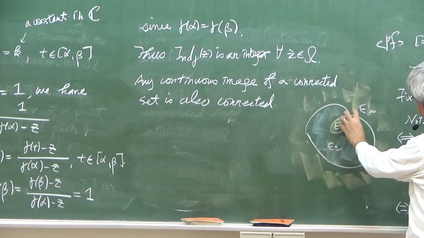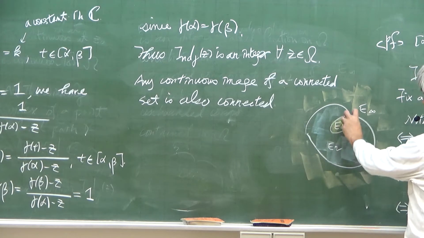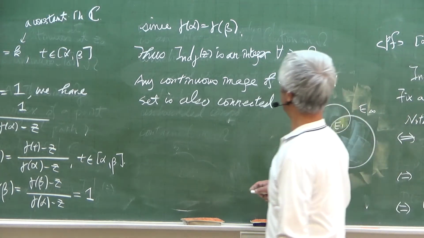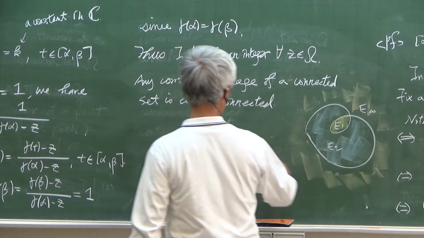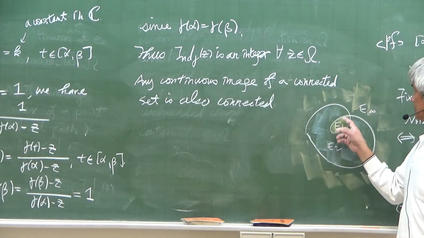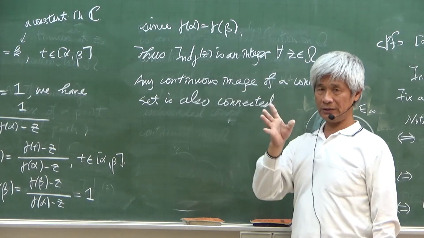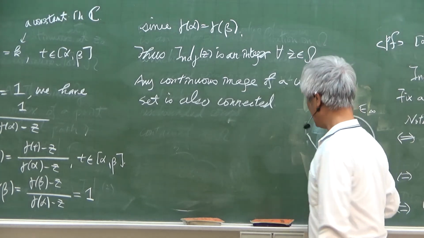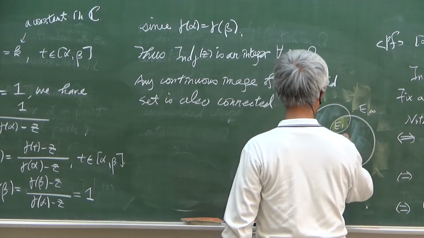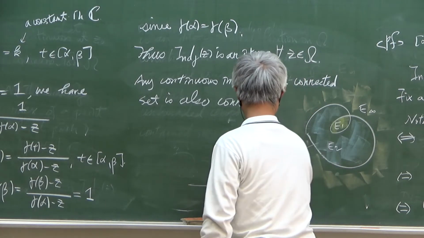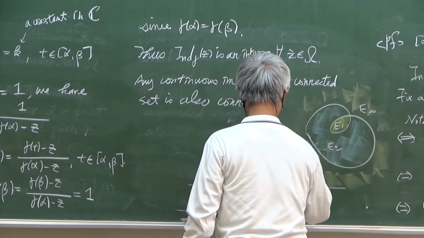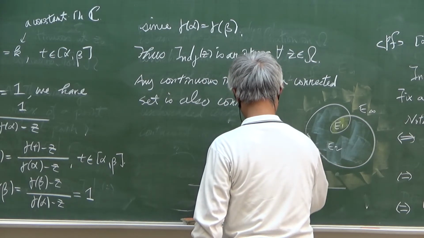Because it's connected, its image should be connected. But the image, we know the function value is an integral value. So we find that it has integral values 0, 1, and 2.